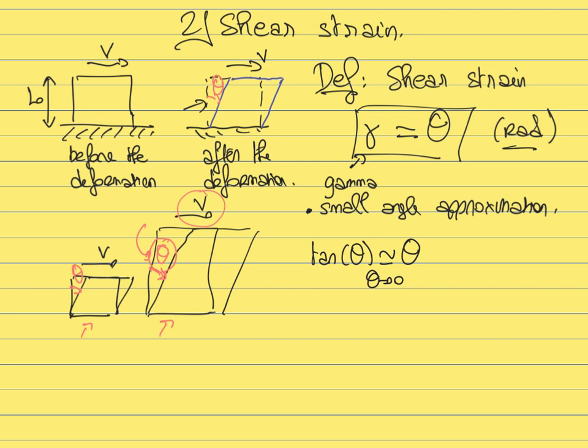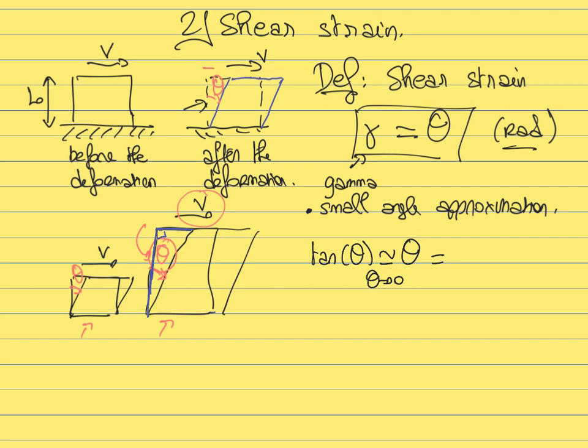Now, by using this approximation, we can also express what is the tangent of theta. The tangent of theta is going to be the ratio of the opposite side of this triangle divided by the adjacent side of this triangle, because this is a right triangle here. So because of this, we are going to define several quantities.